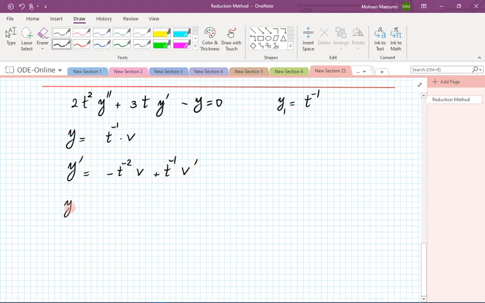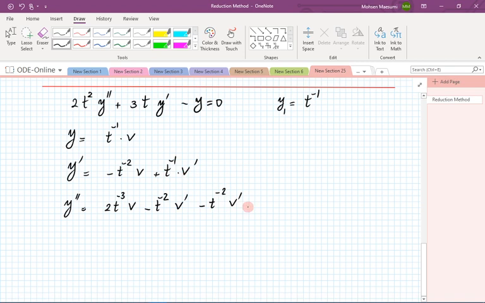Then I differentiate one more time. Derivative of this, minus times minus 2 becomes 2t to the power of minus 3 v. Then derivative of that times the first, so that's going to be minus t to the power of minus 2 v prime. Now I have to apply the product rule here again. Derivative of the first is minus t to the power of minus 2 v prime.